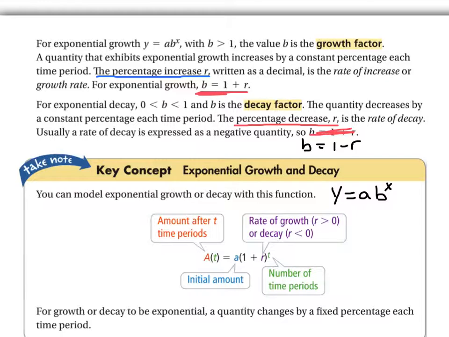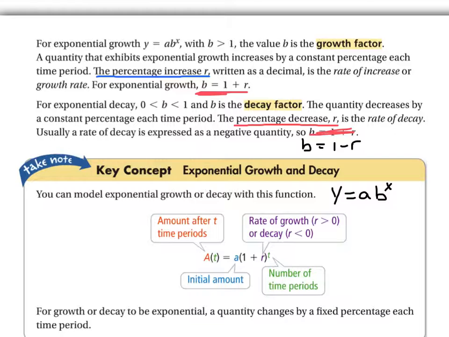Little a, still from the same formula, now stands for the initial amount, which it always did, because little a was the y-intercept, correct? So if we start at time being 0, because remember, we're not time travelers, we can't go to negative time, so if we start at time 0, the y-intercept is our starting point. So that kind of makes sense why that is.